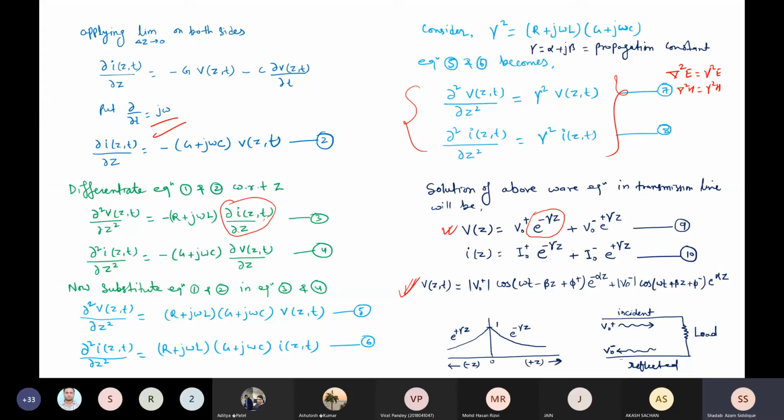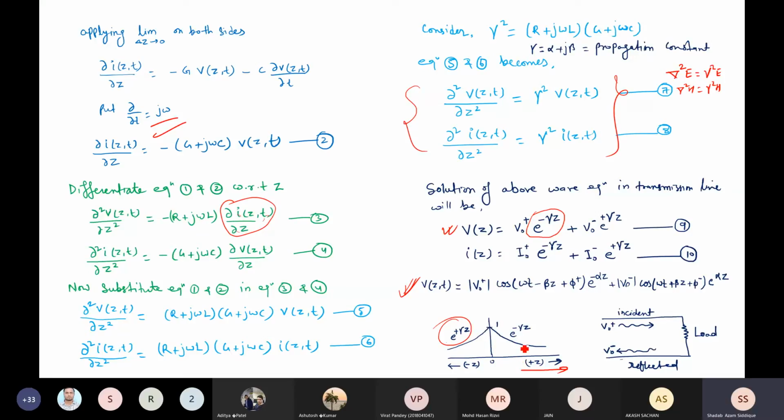If we have e^(−γz), our wave is traveling in the positive z direction. If it is e^(+γz), our wave is traveling in the negative z direction. So if the wave travels in the plus z direction, the exponent is e^(−γz), and if it travels in the negative z direction, it is e^(+γz).